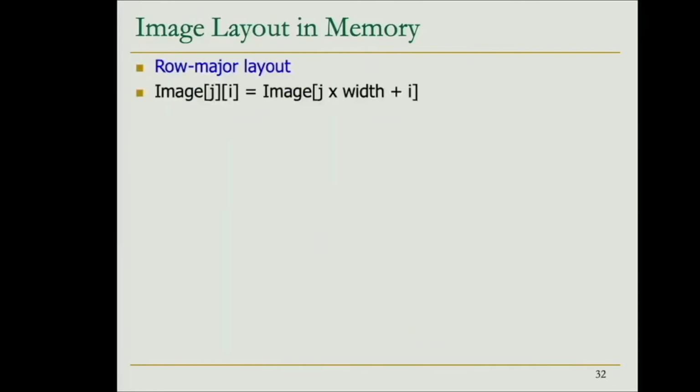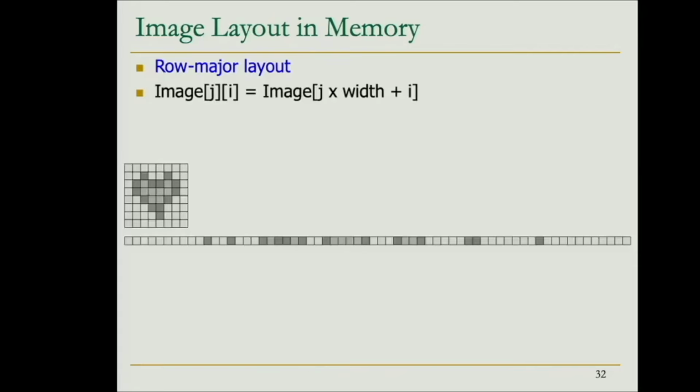But how is this image mapped onto the memory? In CUDA and in OpenCL, same as in C programming, it's a row-major layout, meaning that the entire image is stored in memory as a linear array, and we store row by row. The distance between this element and this element is a stride that has the same value as the width of the image.